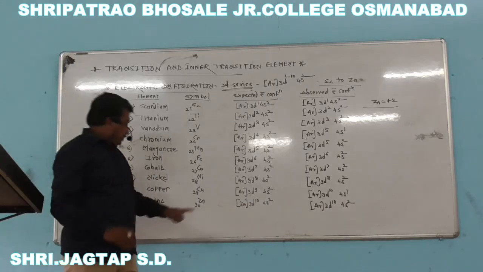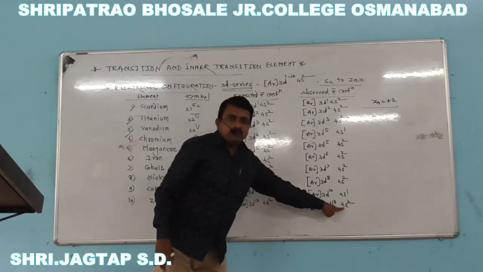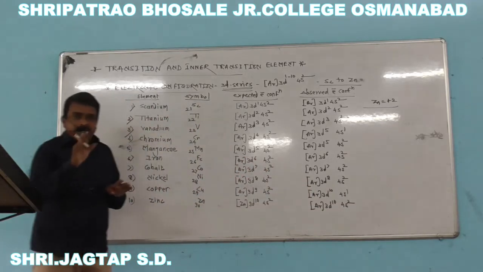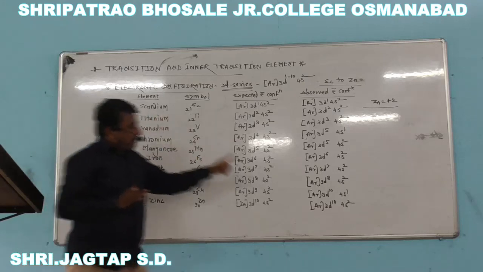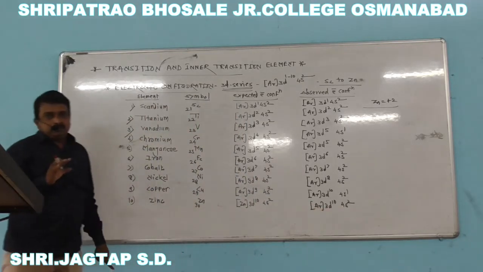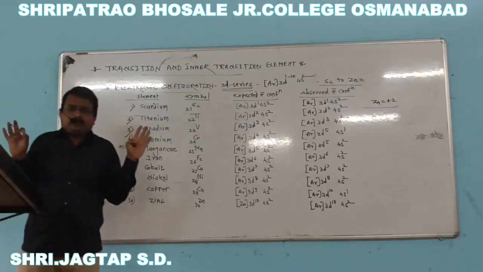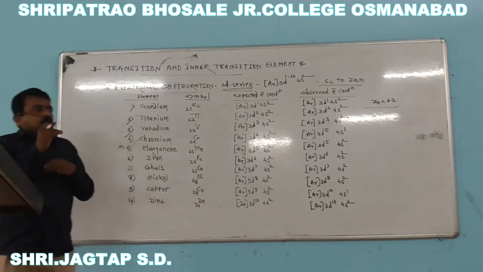So zinc shows +2 as a stable oxidation state. It is not a transition element, because in zinc the 3d orbital is completely filled. Therefore, it is not regarded as one.